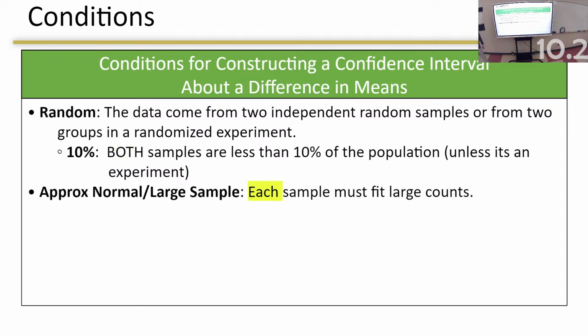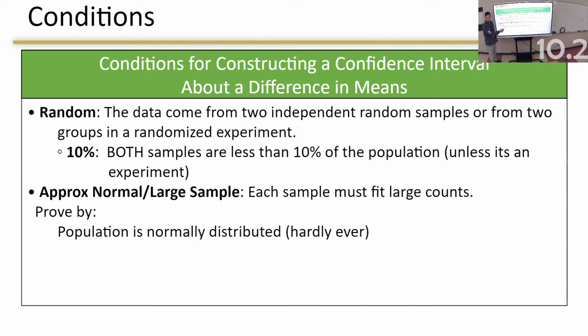And then the large counts. Each must fit the large counts. If you can remember, for means, how we prove that is the population is normal, which never happens. I don't think I've ever seen that happen other than maybe once or twice on my worksheets.